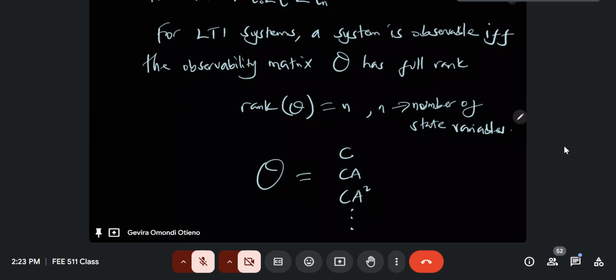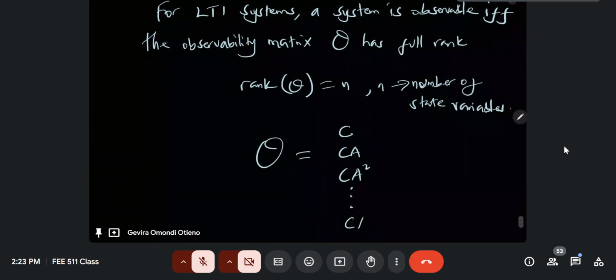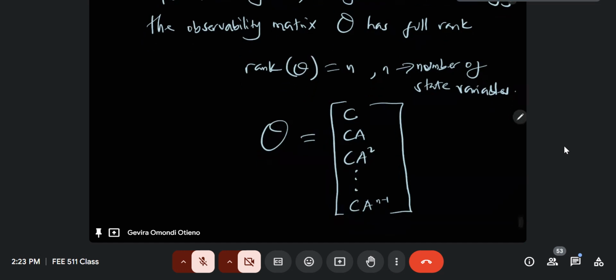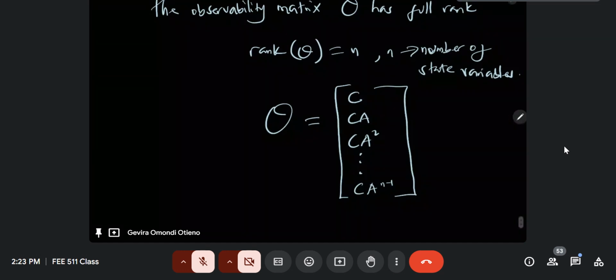Notice the difference with the controllability matrix. In this case, A is the state matrix, and of course, C is the output matrix.